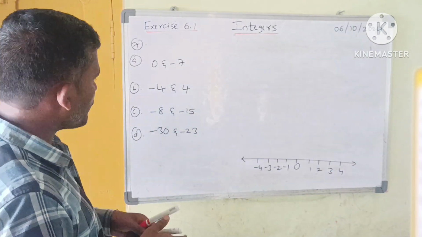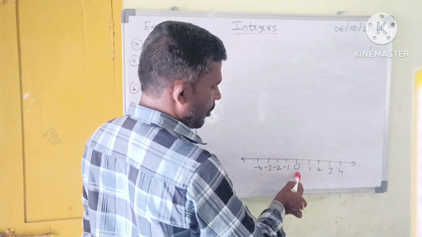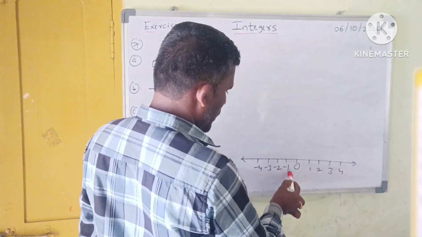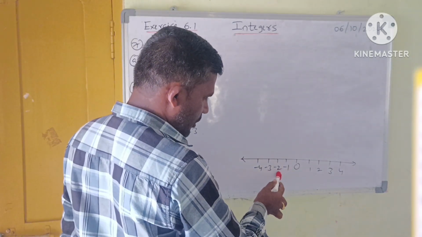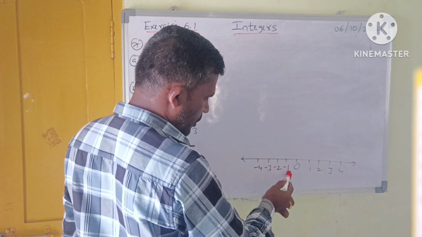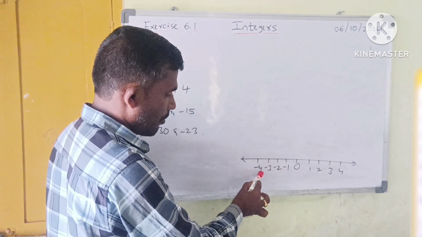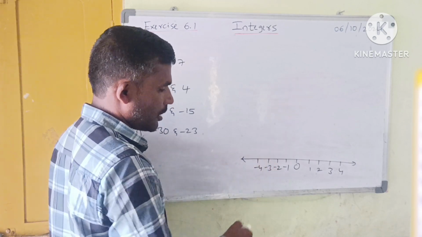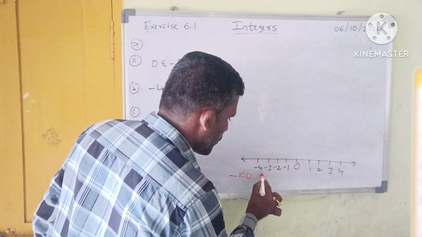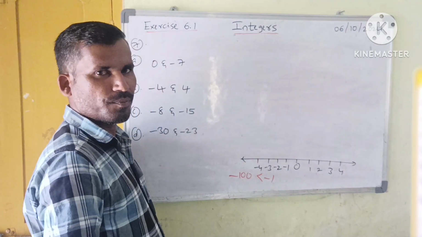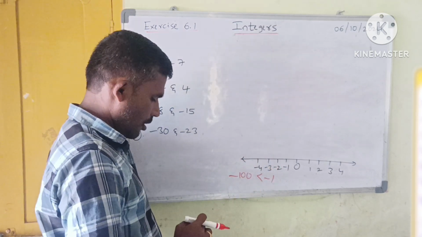And first, I am taking the number line again. So 0, origin, and positive numbers, negative numbers here. Coming to the left side here, minus 2 is smaller than minus 1. Minus 3 is smaller than minus 2. Minus 4 is smaller than minus 3. Similarly, minus 100 is also smaller than minus 1, because minus 100 is to the left side of minus 1.